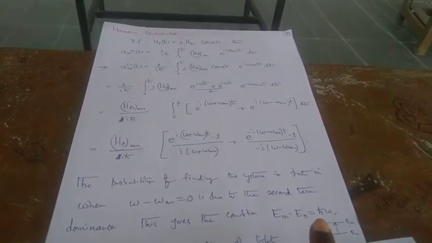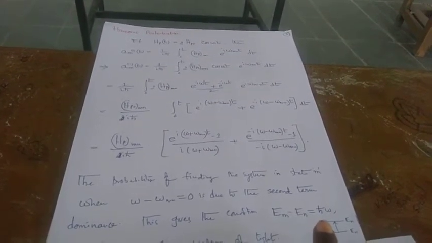So we'll have a transition from level n to level m, where we'll have this energy ħω, which looks like the energy of a photon getting absorbed between these energy levels.